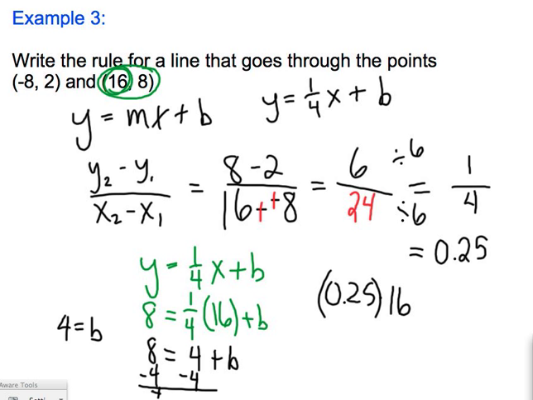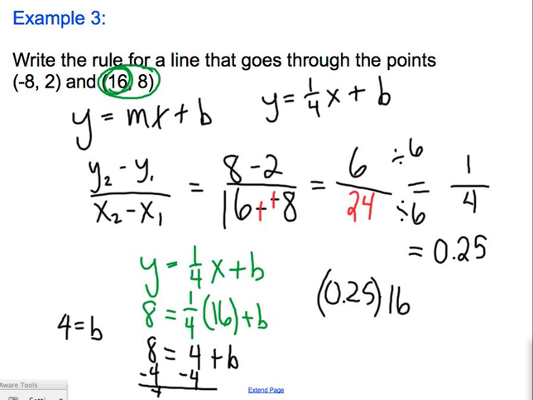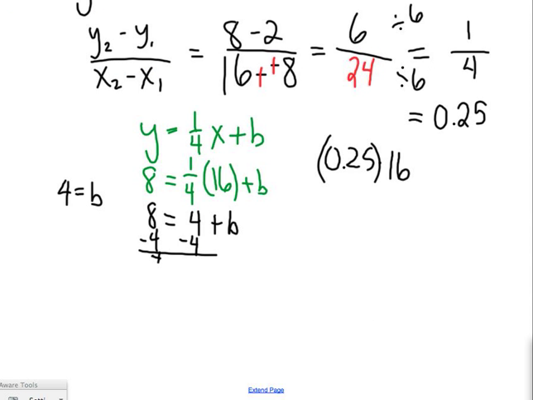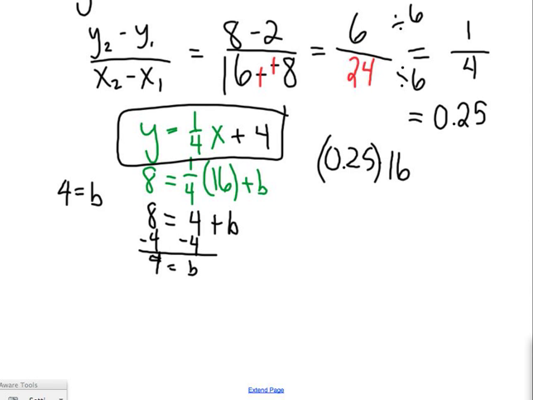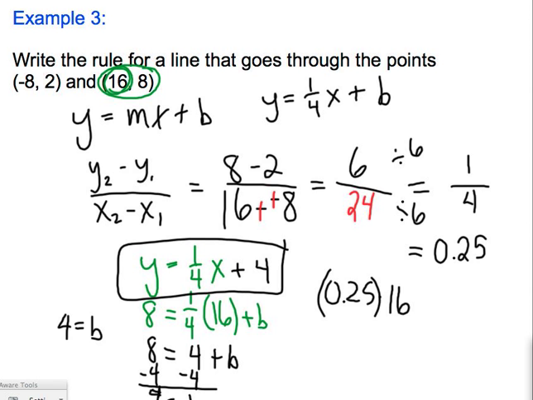I'm going to subtract 4 from both sides and get an answer of 4. So my value of 4 is my b value. So my rule is finished with y equals 1/4 x plus 4.